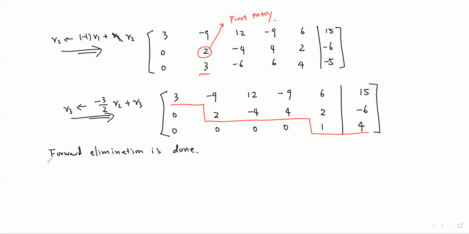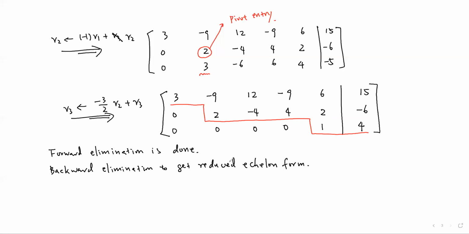Now, backward elimination to get reduced epsilon form. I start with the rightmost pivot entry, 1. I use this one to eliminate the numbers above.